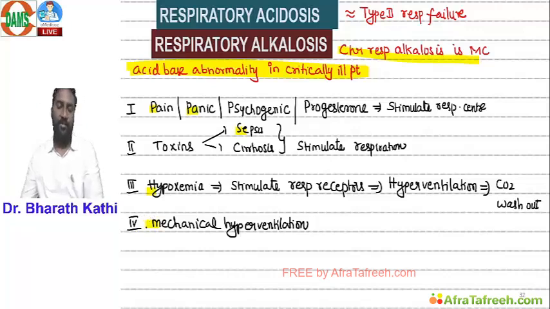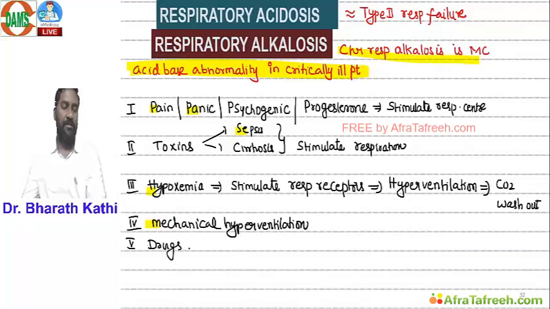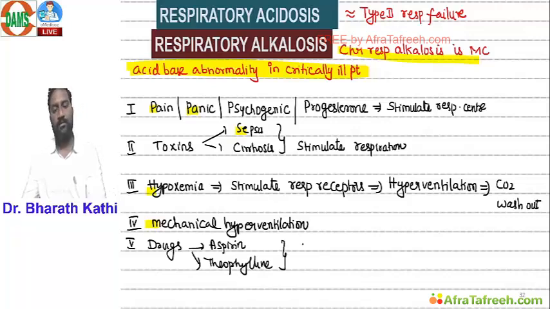Because all this happens in critically ill patients, they thought it is the most common cause in them. The next important reason will be drugs, such as aspirin and also theophylline, aminophylline. These have a tendency to stimulate the respiratory center.